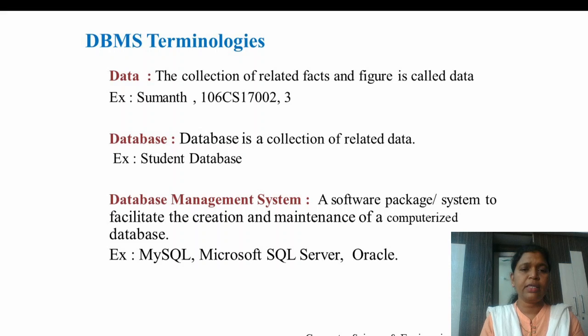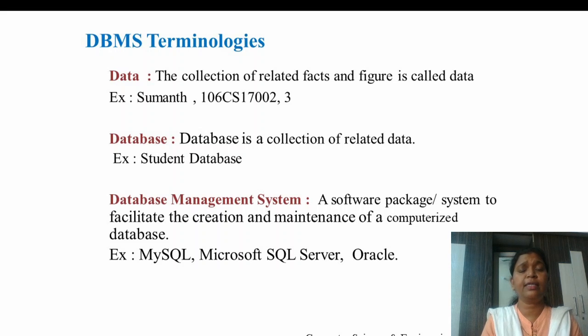So to start with, data. What is data? Data is a very important term. In our daily life, we encounter so much data everywhere. You yourself have so much data. It may be data related to your college, school, hospital, university, and so on.